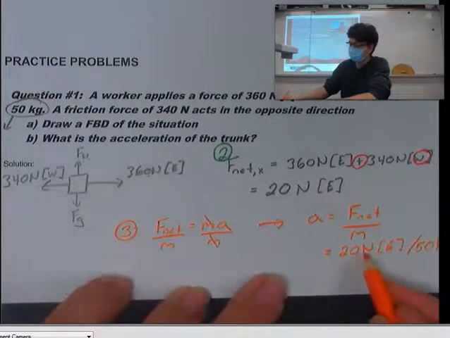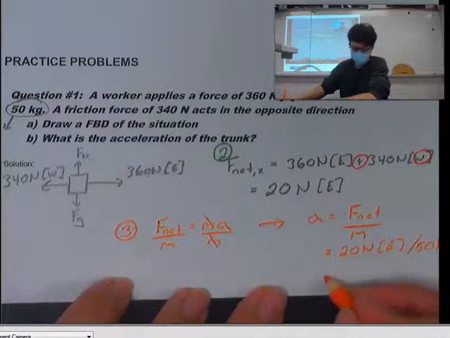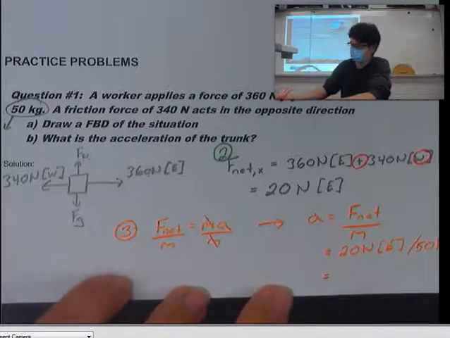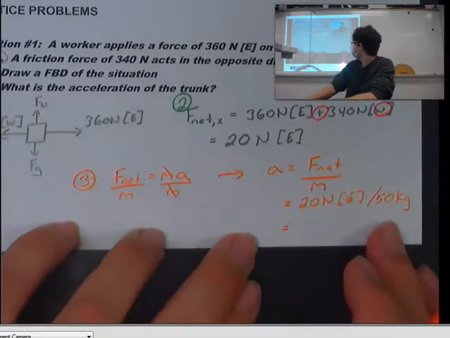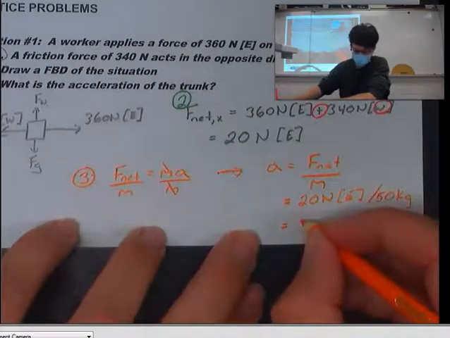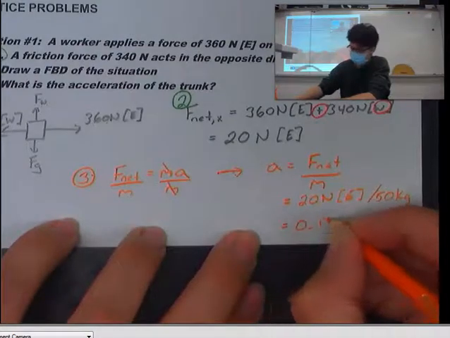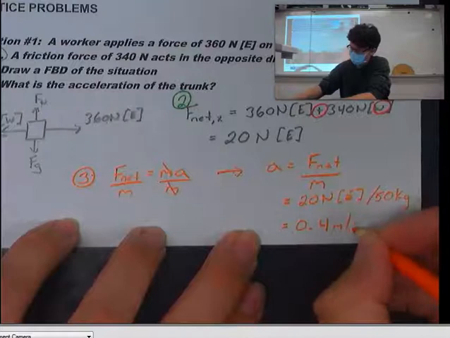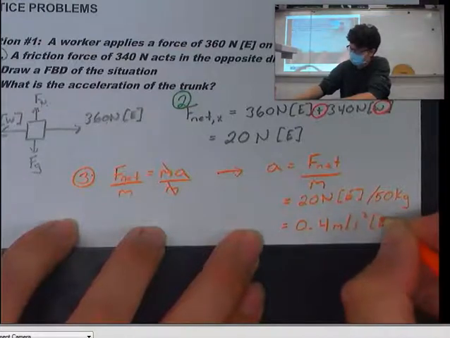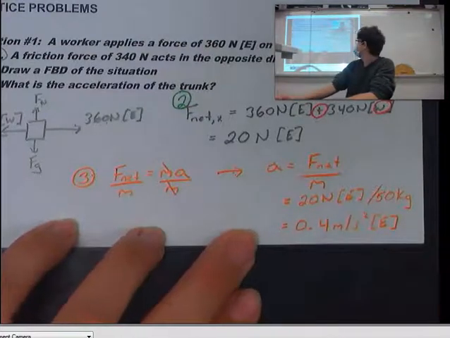You get units of newtons per kilogram, and those units are equivalent to meters per second squared. So we end up with 0.4 meters per second squared east. Okay, so there's our acceleration.